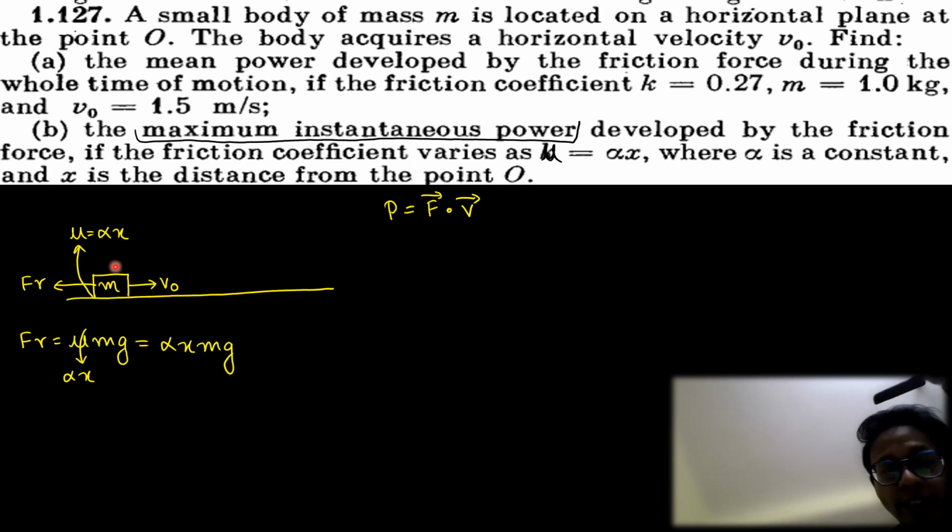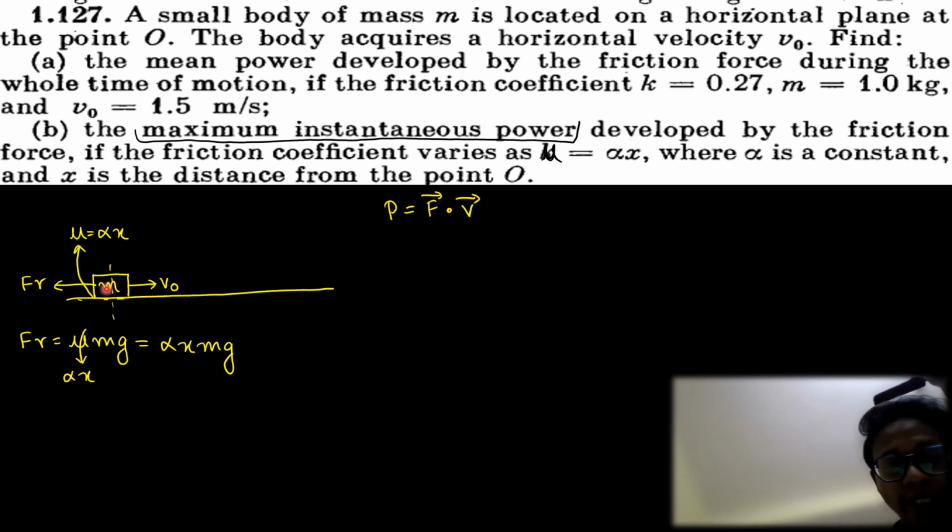Now if you notice, our coordinate x is starting at the point of motion. So at x equals 0, the friction force is equal to 0, but the velocity is equal to v naught. As the block moves forward, the coefficient of friction will increase. Instantaneous power is equal to force into velocity.